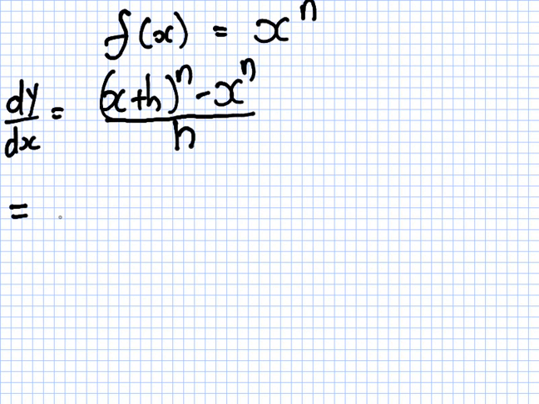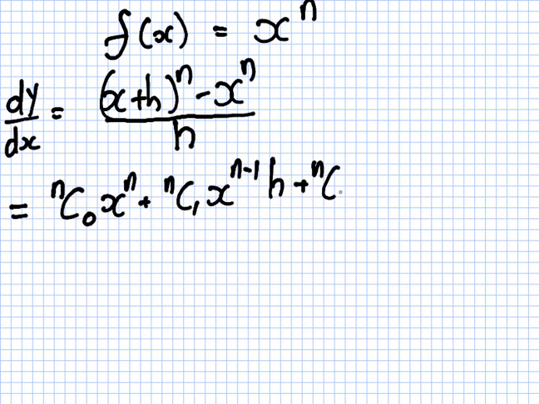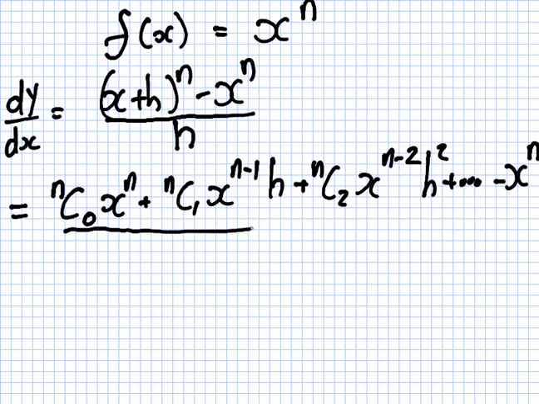Using binomial theorem, or the C's, I have here nC0 x^n plus nC1 x^(n-1) h plus nC2 x^(n-2) h squared, etc., minus x power n, all over h. Now, what is nC0? Well, it doesn't matter because we know always what is the first term in our list when we expand. It's always 1. So this is really just 1.